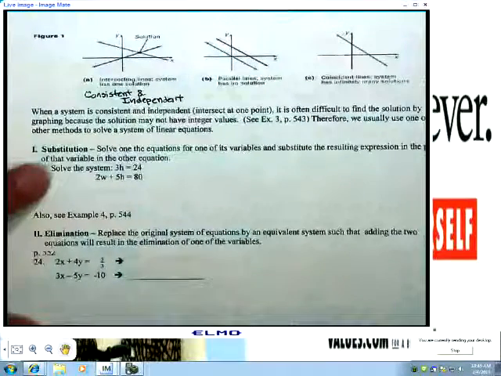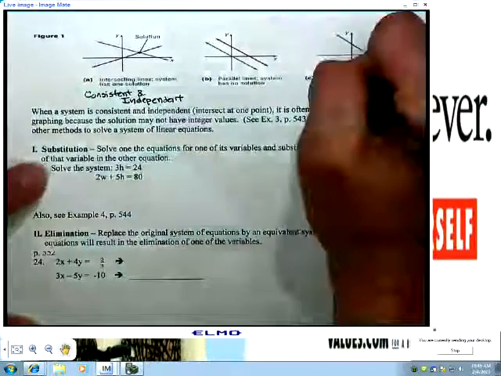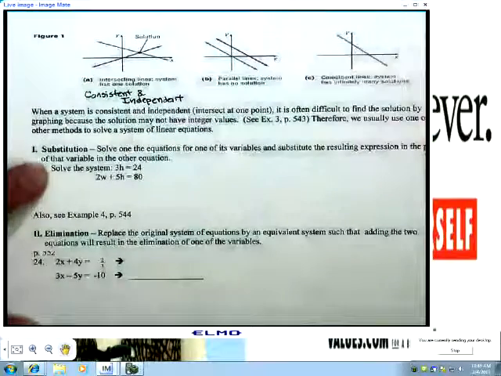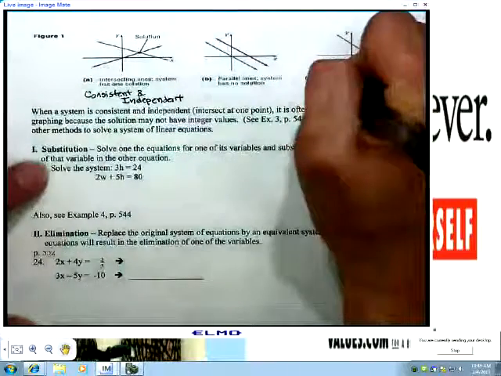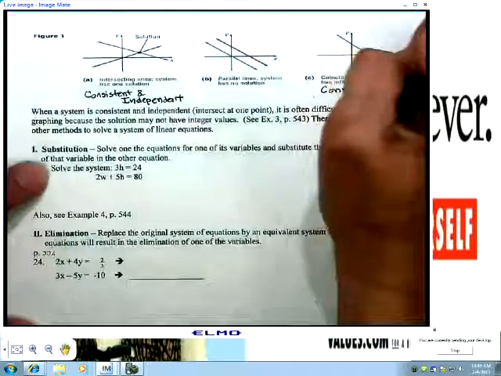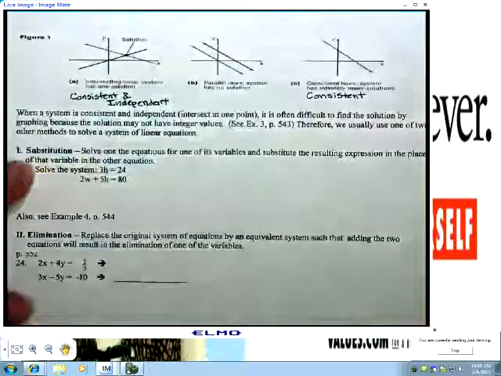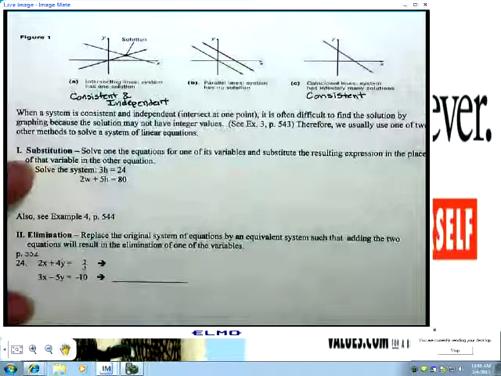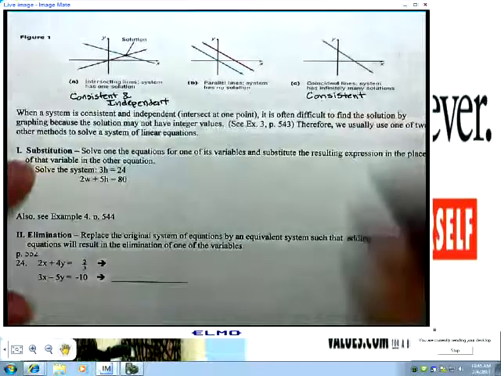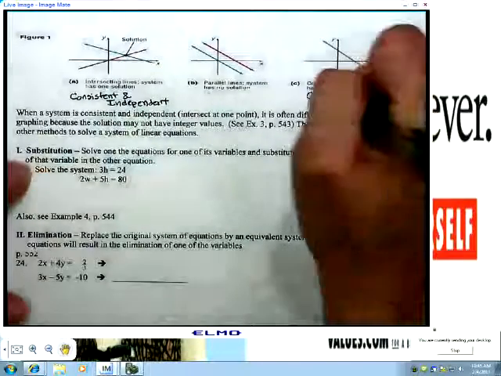If two equations do give you the same line, there are solutions, so the system is consistent, but really they're the same line. What makes one true depends on what makes the other one true because it's the same thing. That's consistent and dependent.